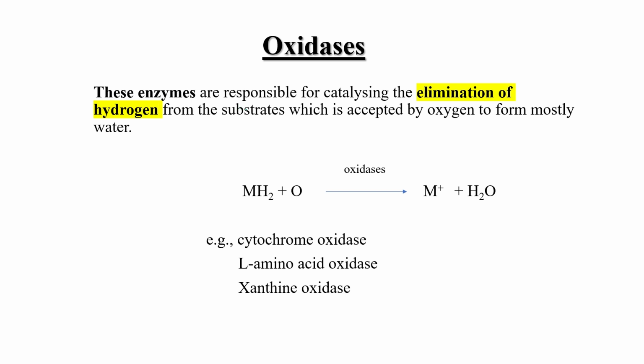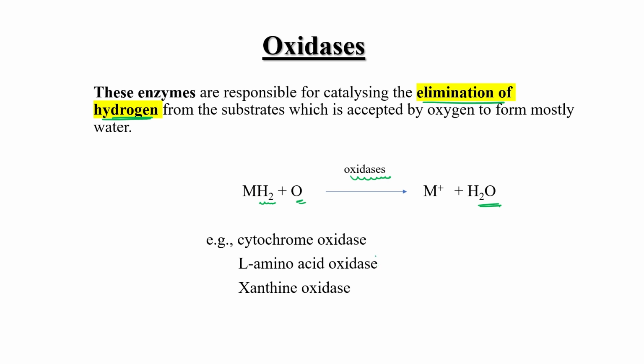So first of all, let's understand the oxidases enzyme group. These enzymes are responsible for catalyzing the elimination of hydrogen from the substrate. As this is a substrate, the oxidase enzyme eliminates this hydrogen, and this hydrogen is further accepted by oxygen to produce water.